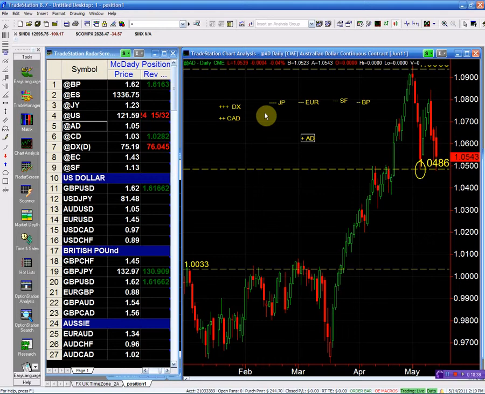Actually, we might be buying the Aussie yen, even though the Aussie is in sell signal. And the euro yen, and the pound yen, because the pound is less weak than the yen, so we can go long the pound and short the yen. So there is a chance we can be buying the pound yen and the euro yen.